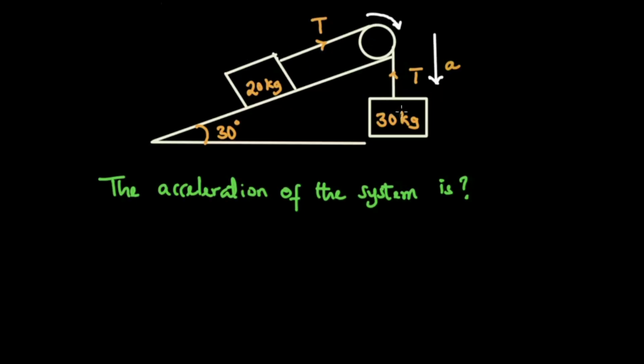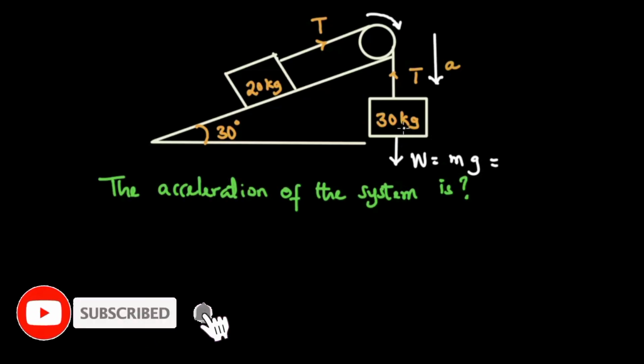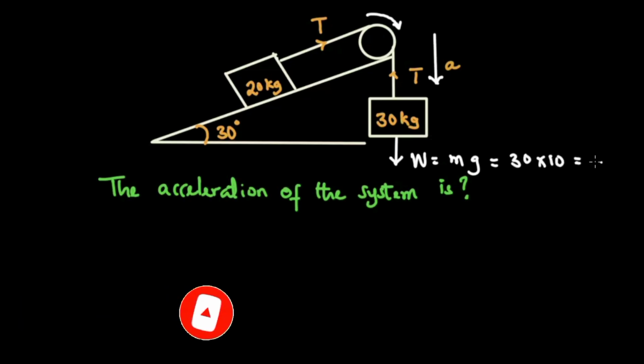Alright. So the block of 30 kg will have a weight which will act downwards. Its weight will be equal to mass times the acceleration due to gravity. Let's take our acceleration due to gravity as 10 and our mass as 30 kg. We have 30 times 10, which is 300 Newton, and this is the weight of this block.